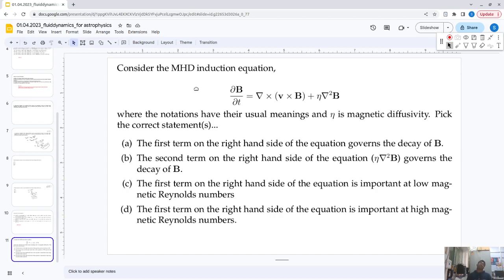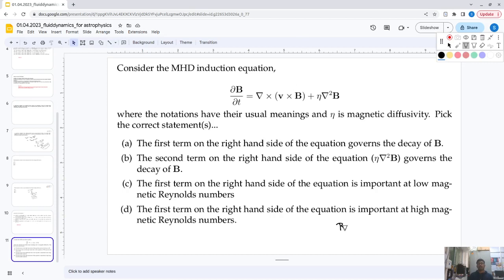Till now you know about the Reynolds number, right? Here it is called the magnetic Reynolds number. How do you calculate it?